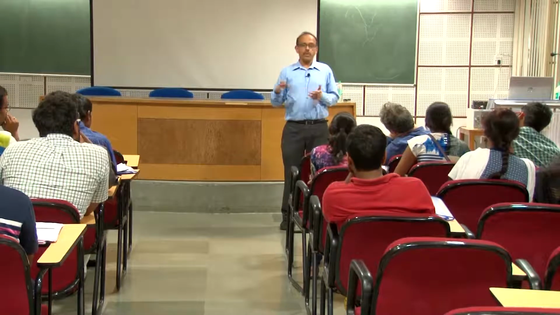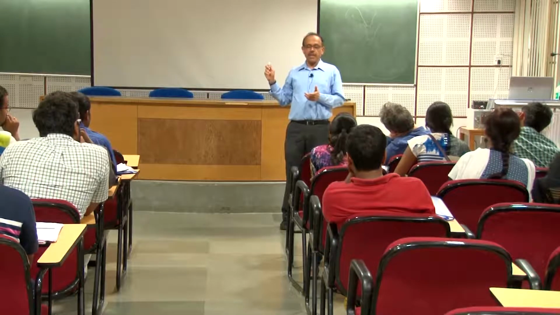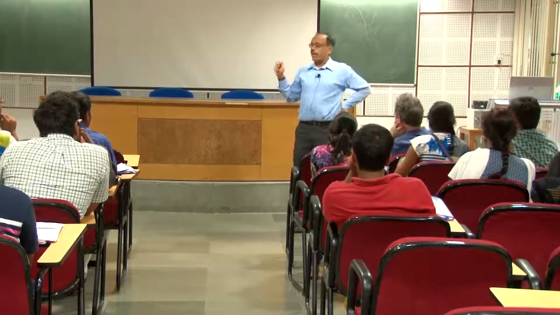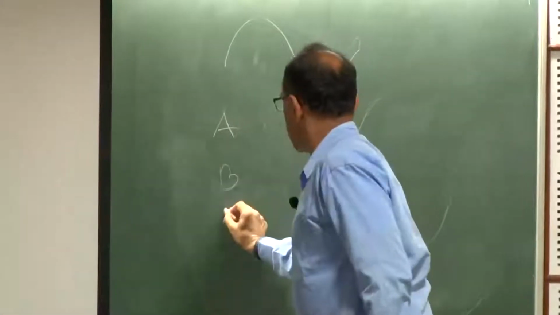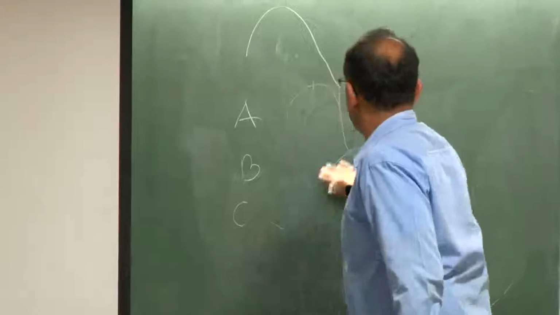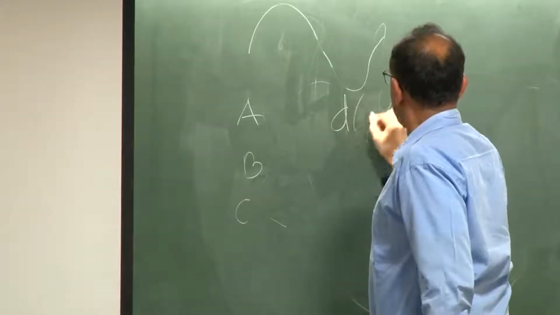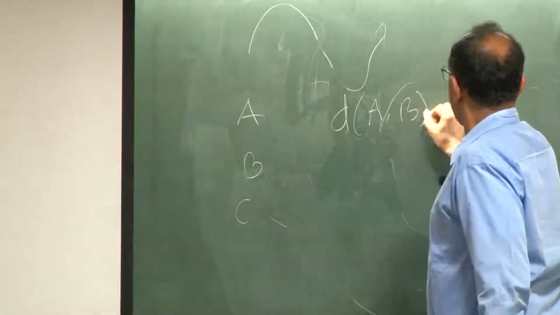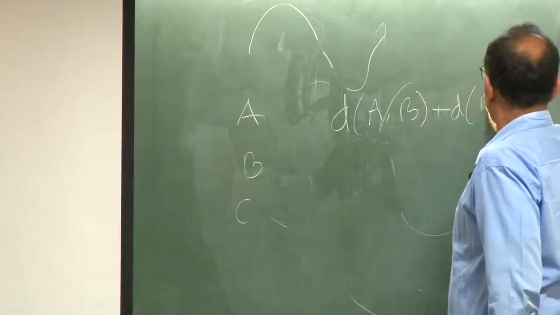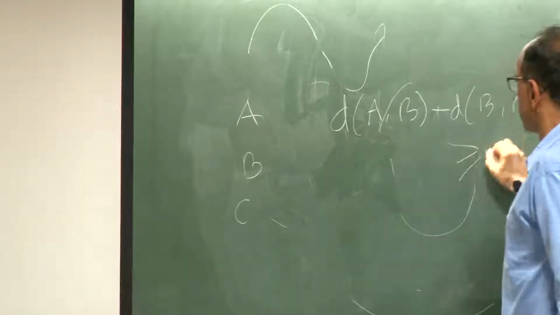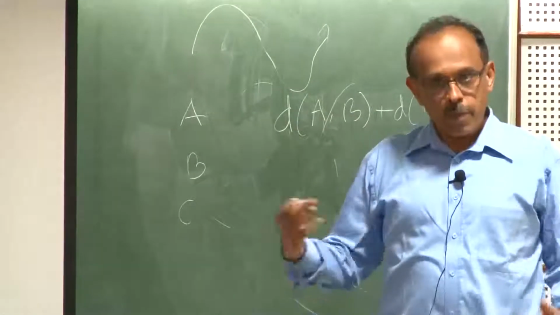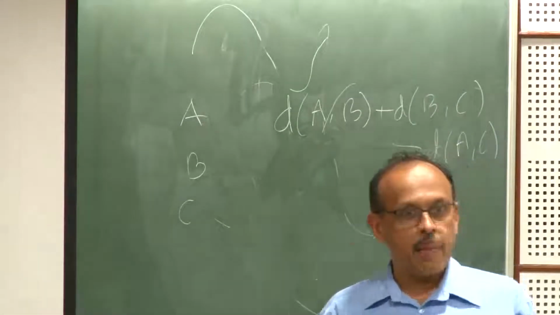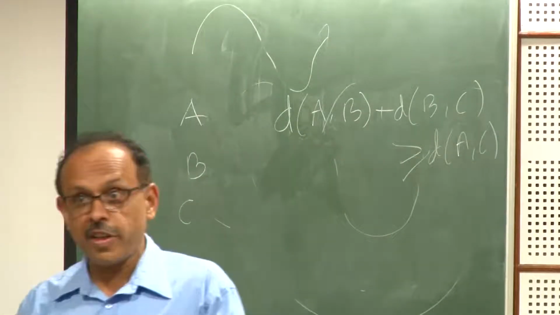But what I am saying is that I explained, for example, the proof for given three elements A, B and C: the distance between A and B plus the distance between B and C is always greater than or equal to the distance between A and C. Right, the triangle inequality, and by using just the Hamming weight you could get it very easily, because the weight is a function, very easy.